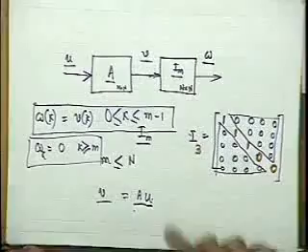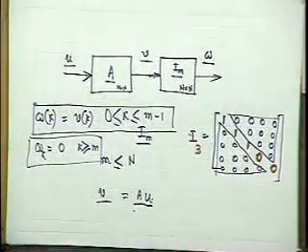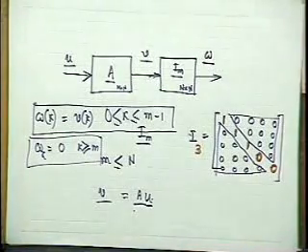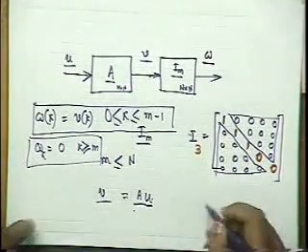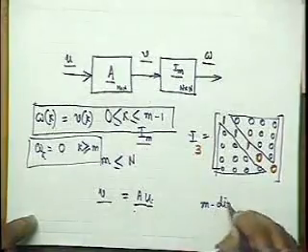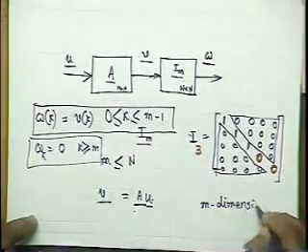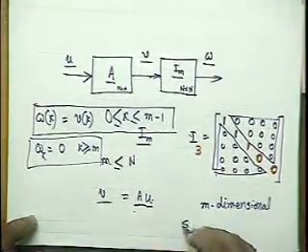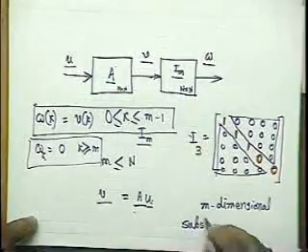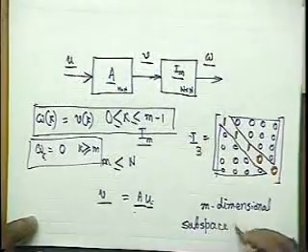This W vector is actually restricted to a small m dimensional subspace in N.